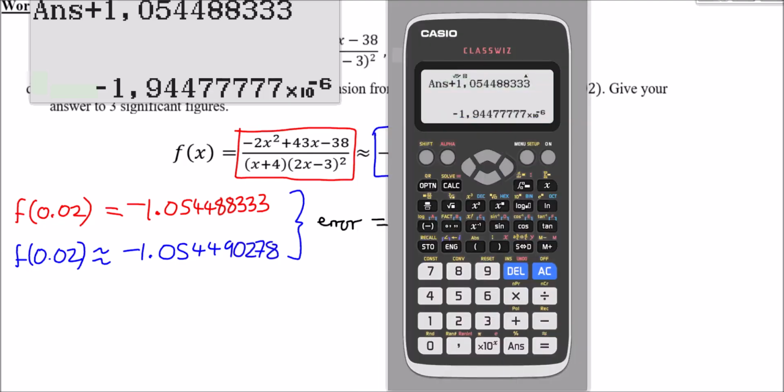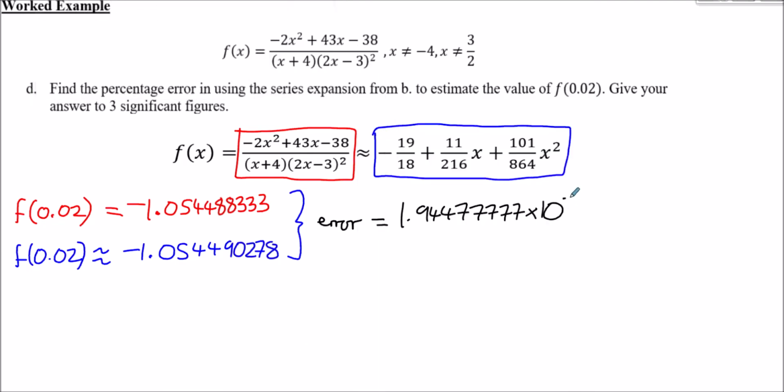I'm going to discuss with you why the approximation is just so amazingly accurate in a moment.